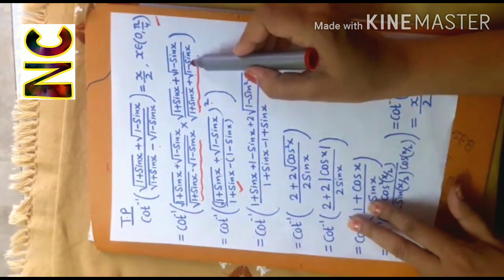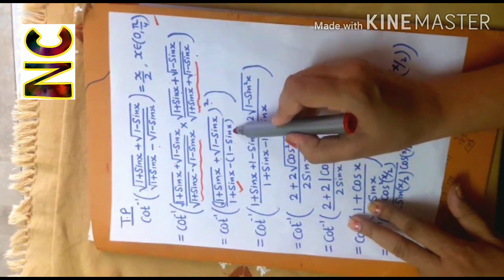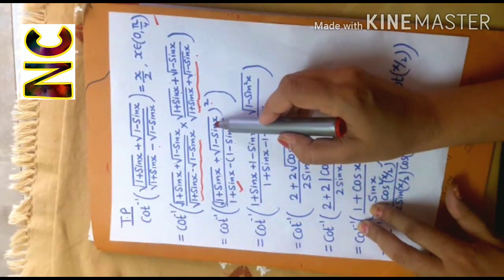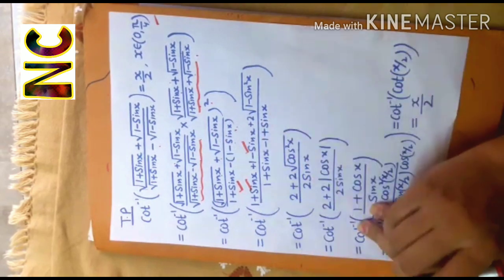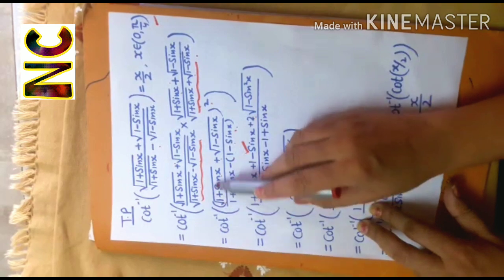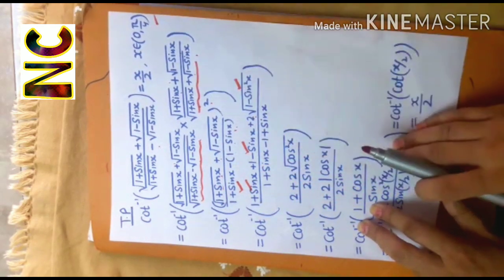The role of b is being played by √(1 − sin x), so its square will be 1 − sin x. Here I'll apply (a + b)² which is a², that is this, plus b² plus 2ab. So 2 into √(1 + sin x) into √(1 − sin x), which will give you this.